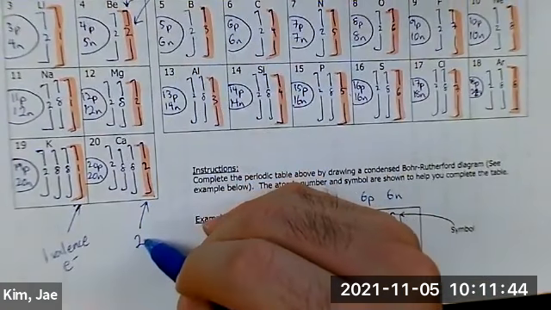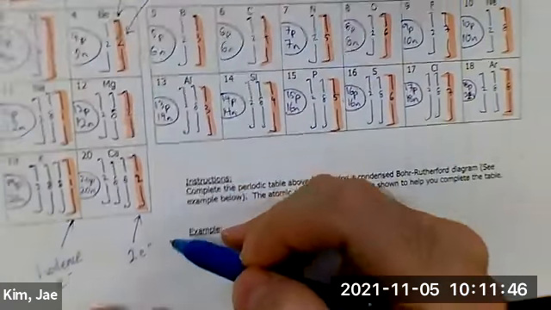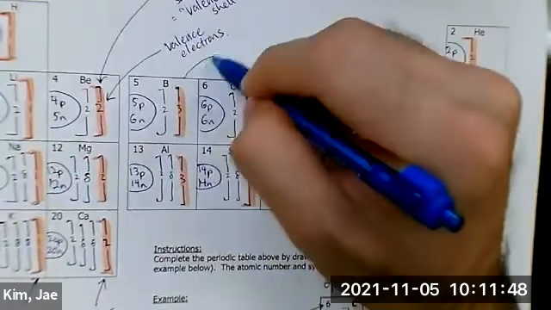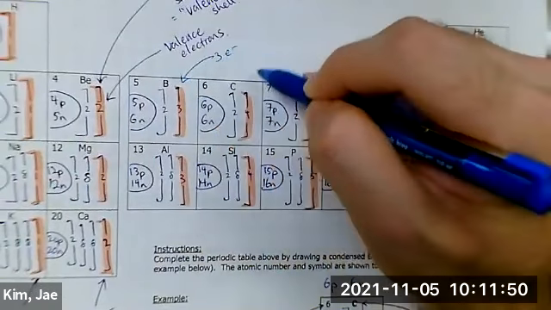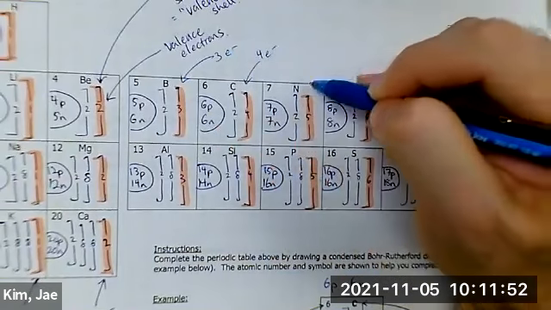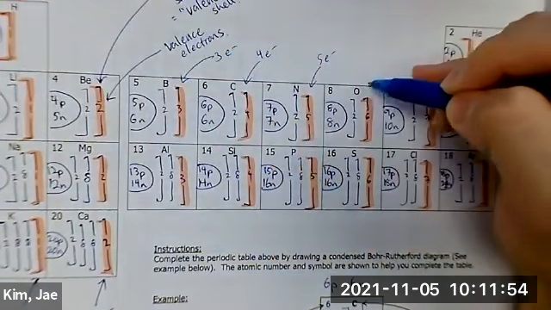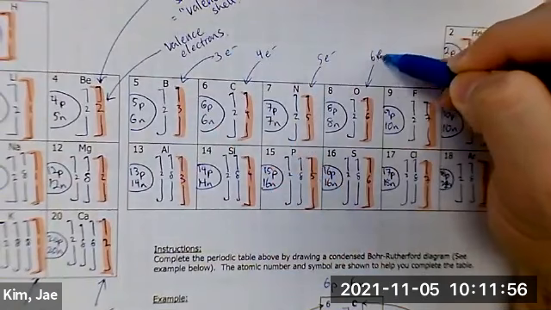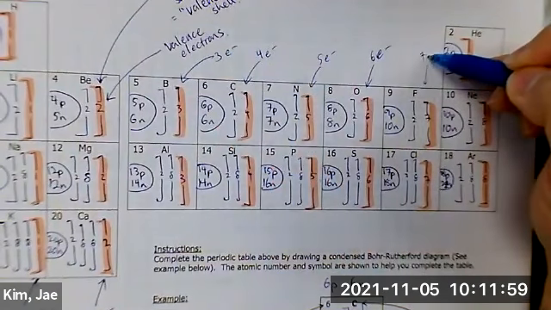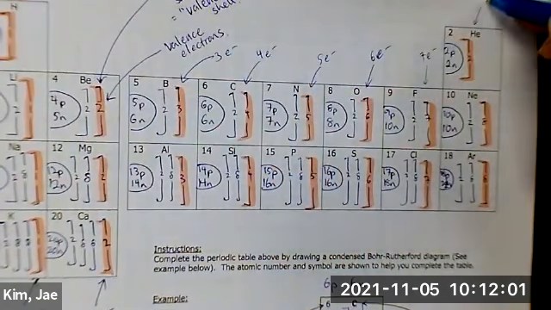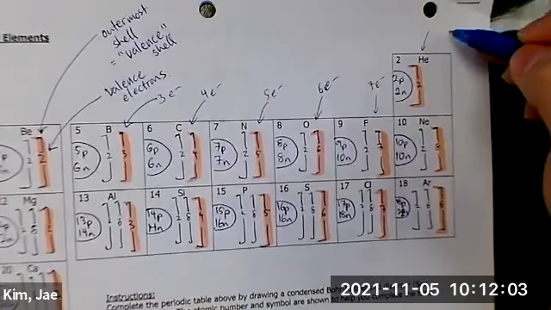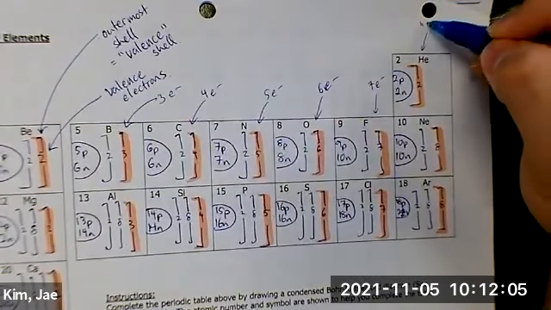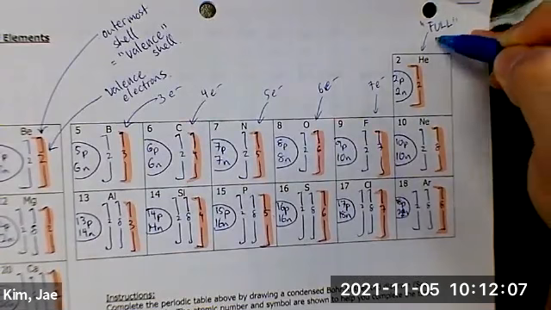That's 2 valence e's. Here I have 3 valence e's. We have 4 valence e's. We have 5 valence electrons. We have 6 valence electrons. Get the point, 7 valence electrons, and not 8, clearly, but full valence.